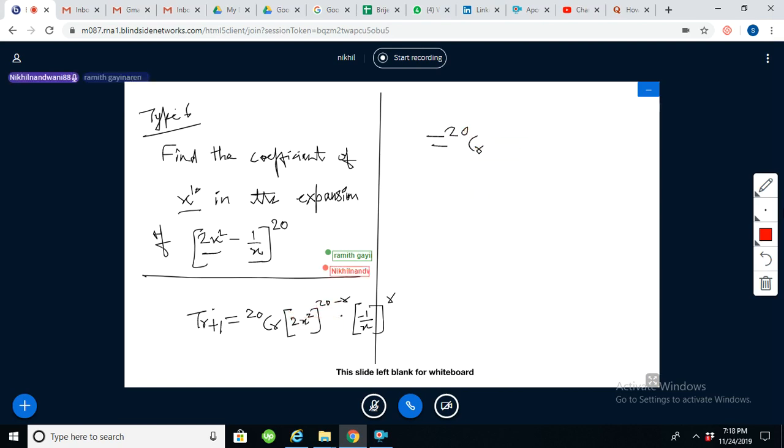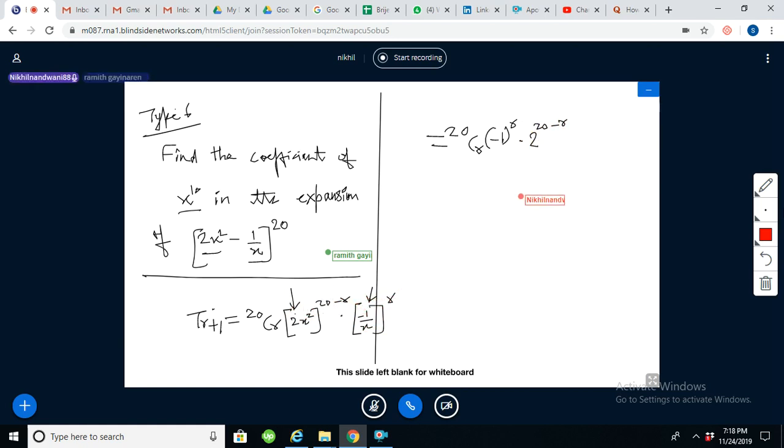Now see, my concept is that I will take the x terms together. 20Cr. I will take this minus 1 first. Minus 1 to the power of r. Did you understand? I took this last minus outside. And then 2 to the power of 20 minus r. I took this outside.